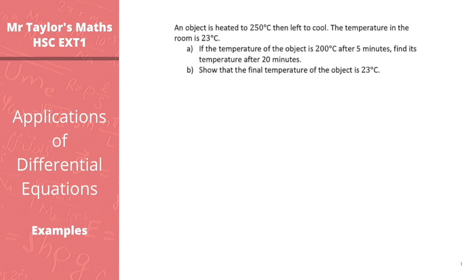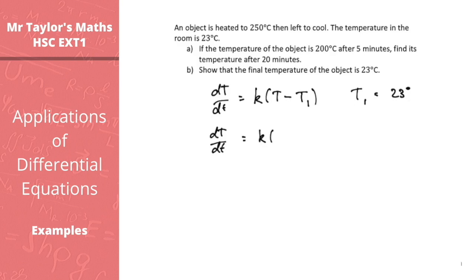So I know that dT/dt equals k(T minus T1). Now T1 in this example is 23 degrees, that's our room temperature. So dT/dt is k(T minus 23).